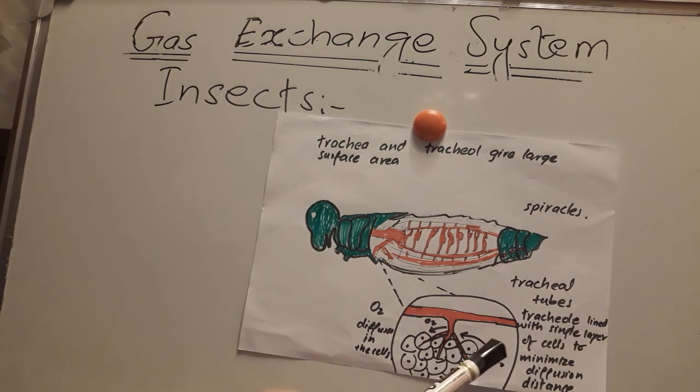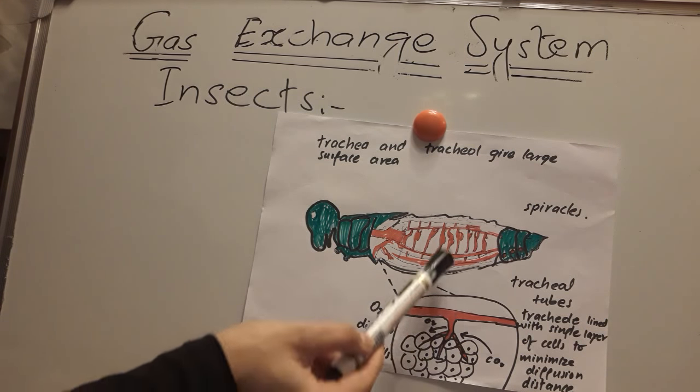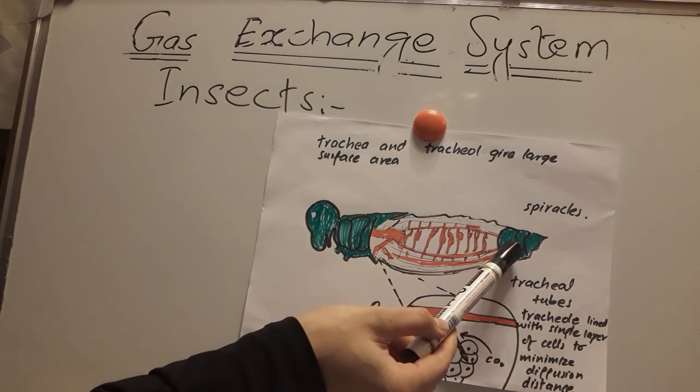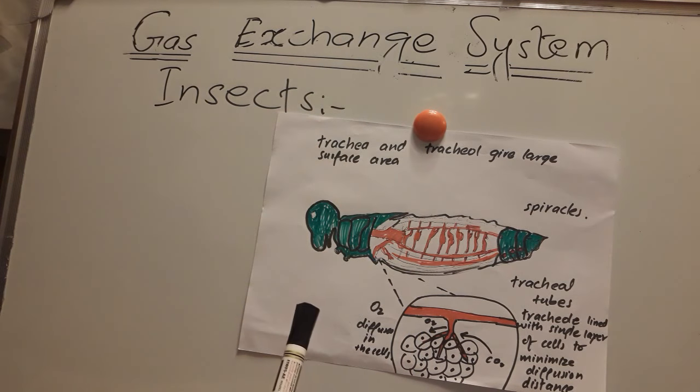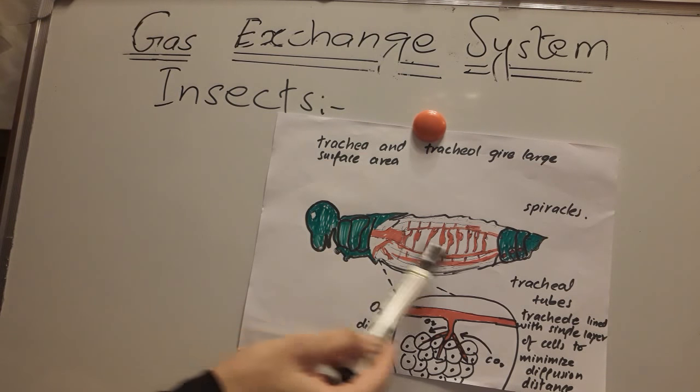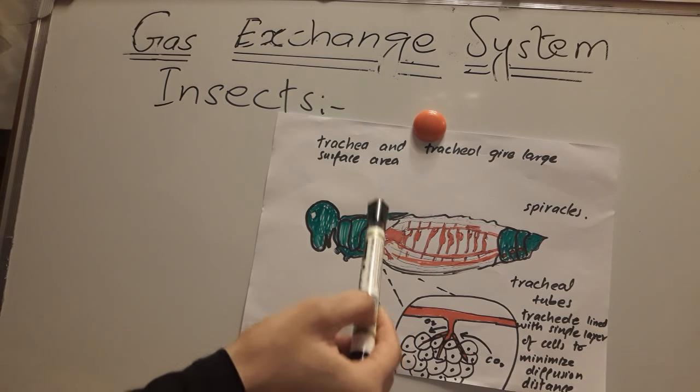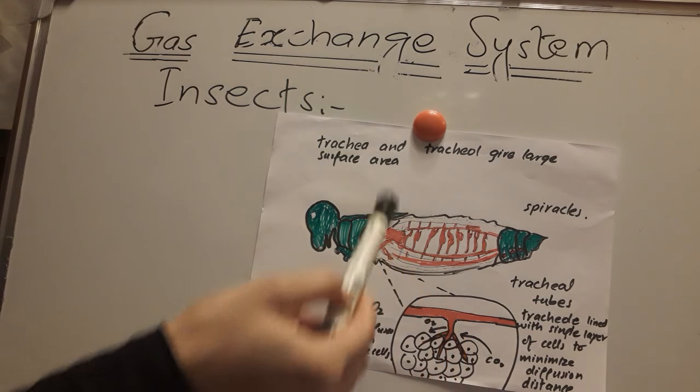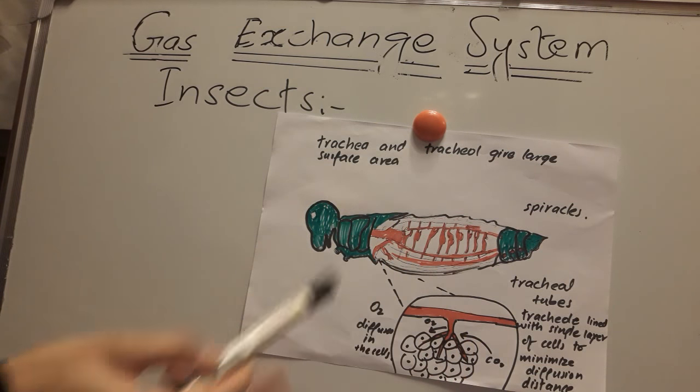This carbon dioxide also moves down its concentration gradient from the respiring cells towards the spiracles so that it can be released outside the body of the insect. These insects use rhythmic abdominal movements to move air in and out of the spiracles.